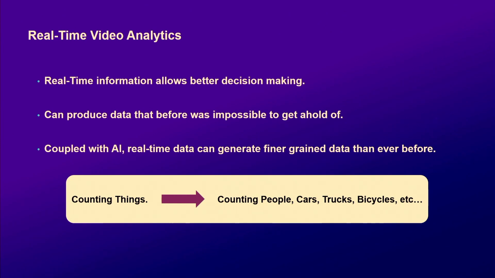And in the Department of Transportation example, you can go from one of those strips across the road that counts the number of tires that bump over it, to counting people, cars, trucks, bicycles, and maybe even colors of cars. You're transitioning from just counting things to having much richer, more fine-grained data than ever before.